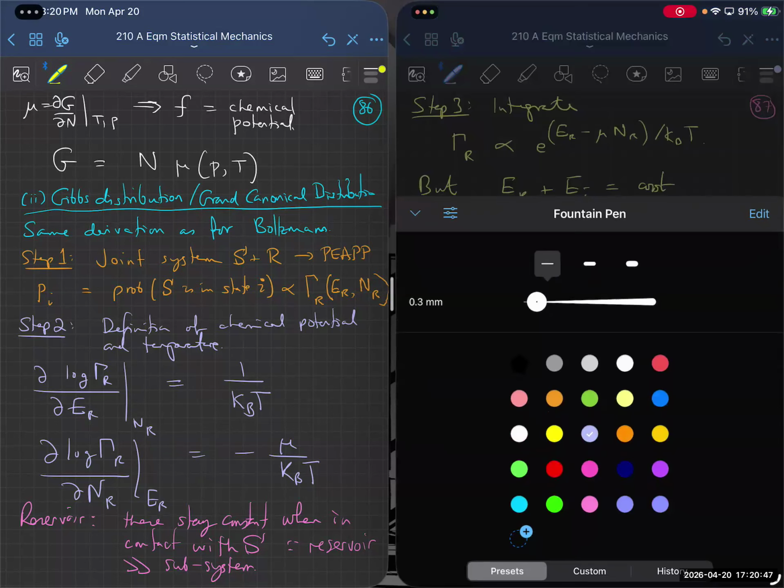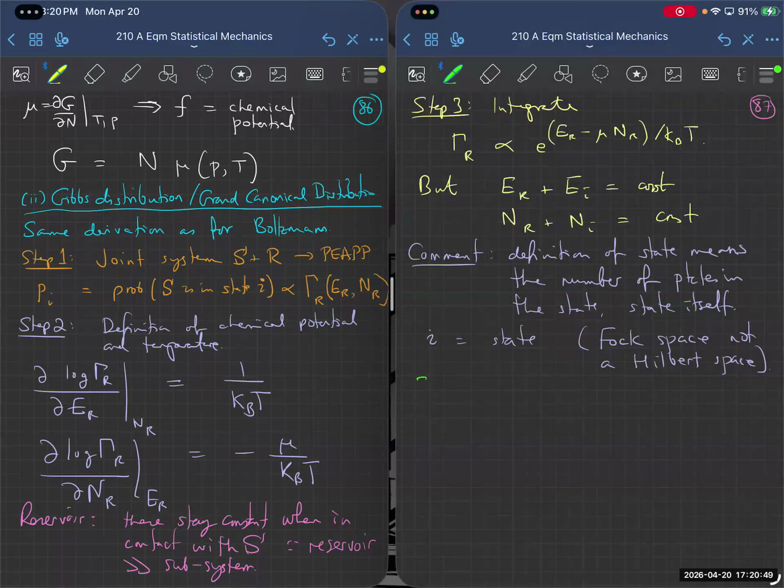now step 4 of our argument is to put it all together. So then it's like we did before. So the probability of being in the state I is now e to the minus (EI minus mu NI) over kBT, over a partition function.